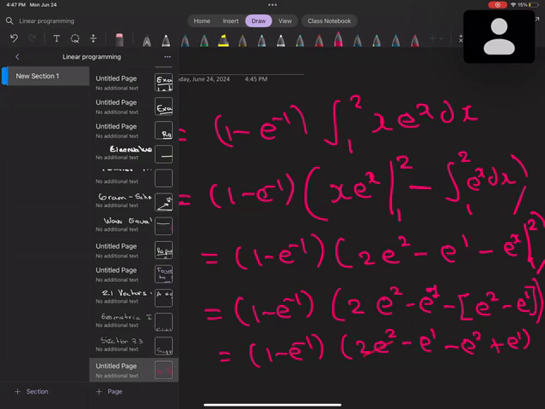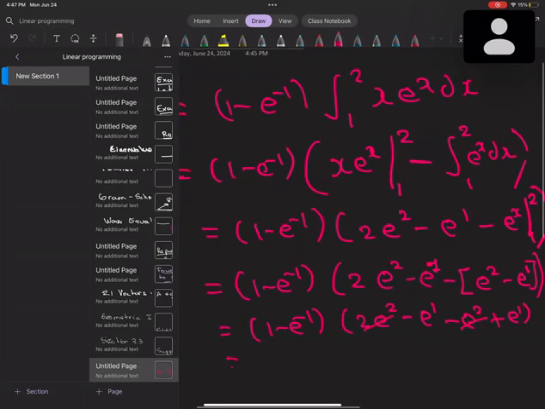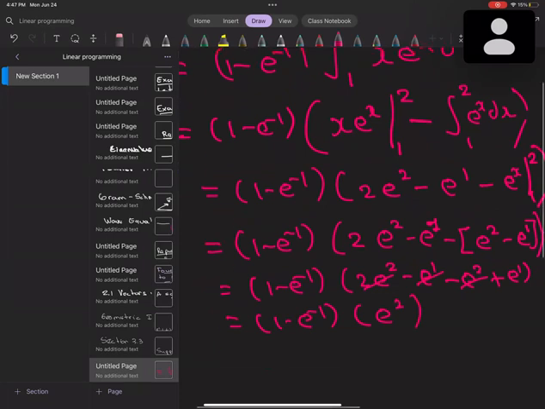And so this cancels with this, and e to the 2, this cancels. When you multiply, these are just numbers, right? So you get e to the 2 minus e to the 1. That's it.